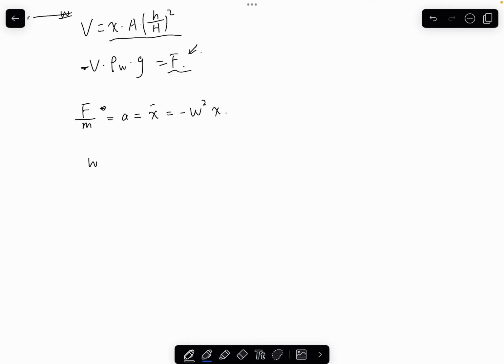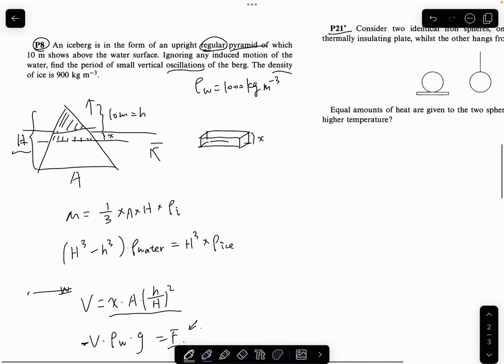We will calculate that omega equals the square root of 3 times h squared times rho water times g over rho ice times H cubed. So now you just need to plug in some data and you will find it out. Okay?